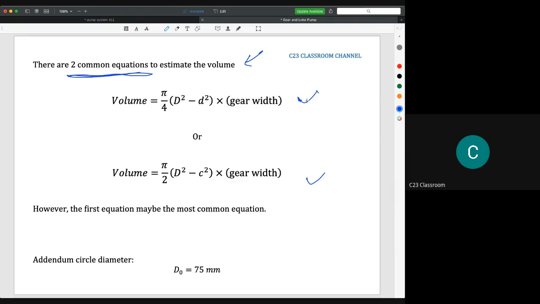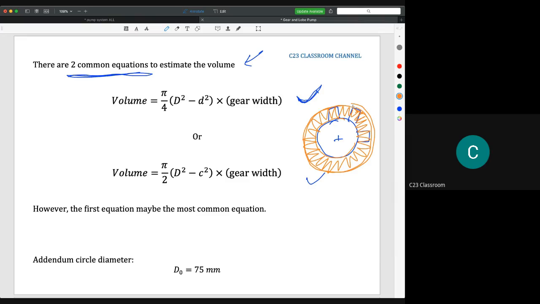For the first equation, the calculation is quite common, because we are calculating the cross-sectional area. You could imagine that we have a gear with teeth. So what we need to do is calculate pi r square or pi d square over 4, meaning the area of the circle.